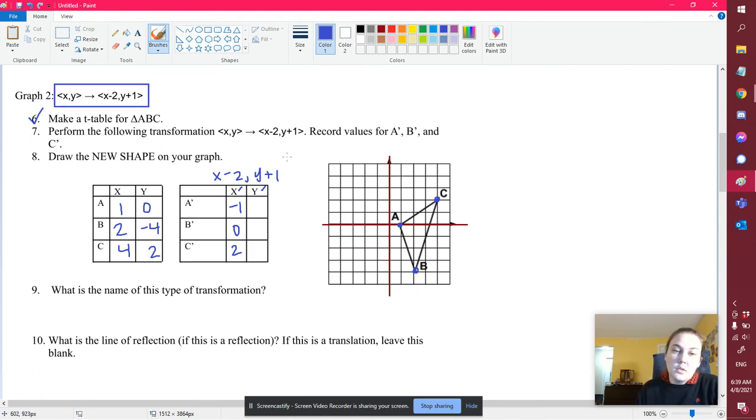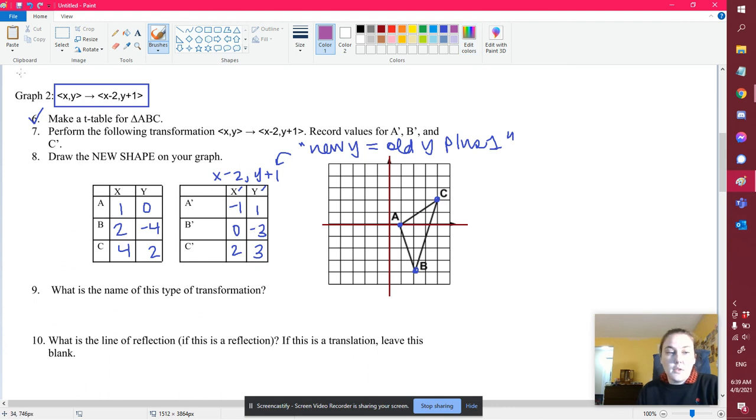And then I'm going to write out what this means. So new y is equal to old y plus 1. So 0 plus 1 is 1, negative 4 plus 1 is negative 3, and 2 plus 1 is positive 3.